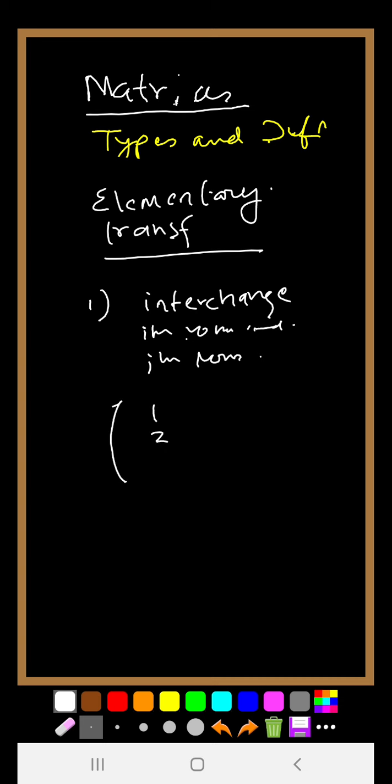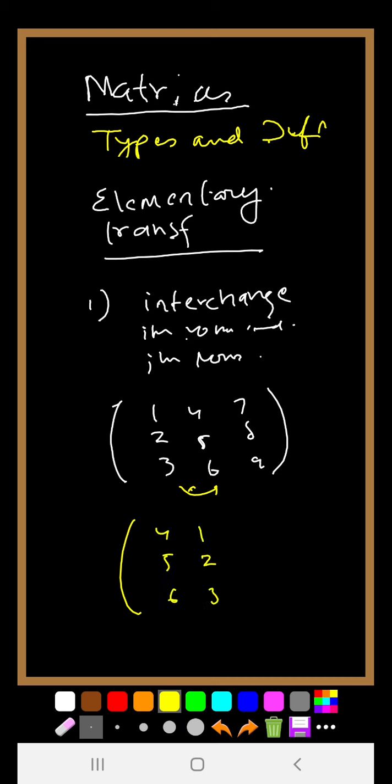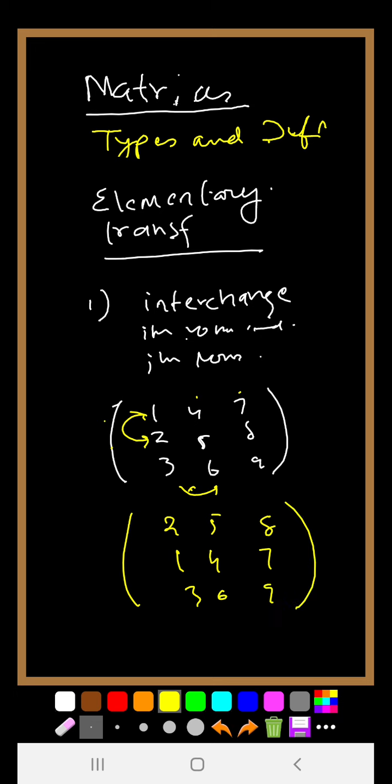That means if we have a matrix 1, 2, 3, 4, 5, 6, 7, 8, 9, and I interchange rows, it can now become 4, 5, 6, 1, 2, 3, 7, 8, 9, or an interchange between other rows. So if you interchange the first row and the second row, the matrix will now become 4, 5, 6, 1, 2, 3, 7, 8, 9. Similarly, interchanging columns gives 2, 1, 3, 5, 4, 6, 8, 7, 9. These are examples of interchange.